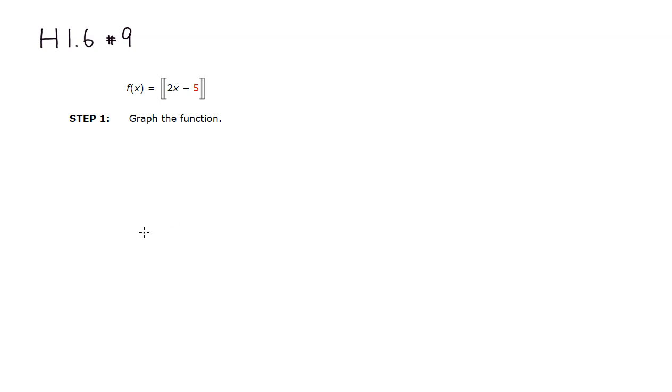I'm going to sketch the x-axis here, and the y-axis probably around here. The y-intercept is -5, so I'm going to count 1, 2, 3, 4, 5 down.